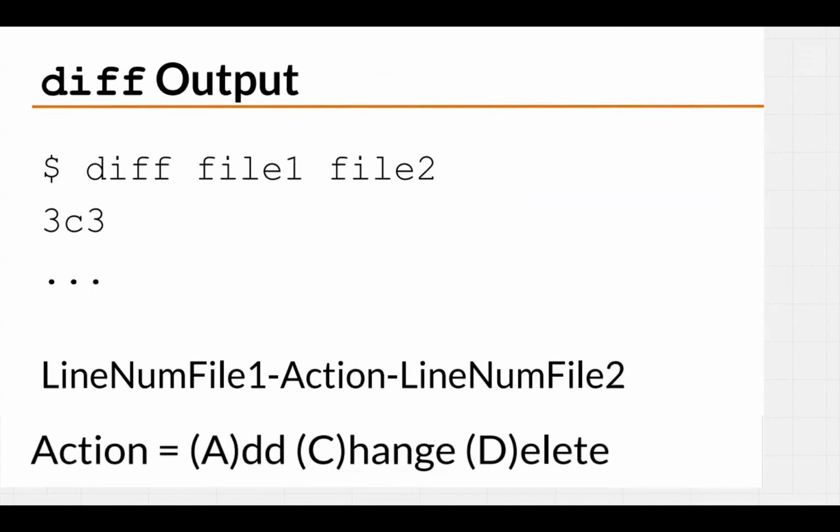Here is just the first line of output produced by diff. The first number represents the line numbers from the first file, and the second number represents the line numbers from the second file.